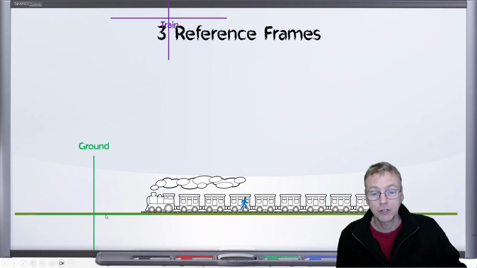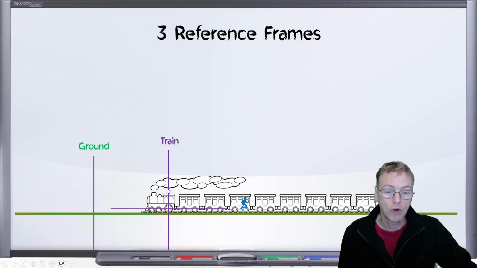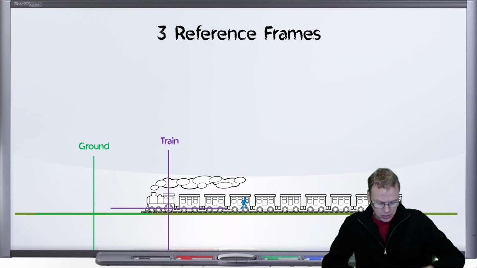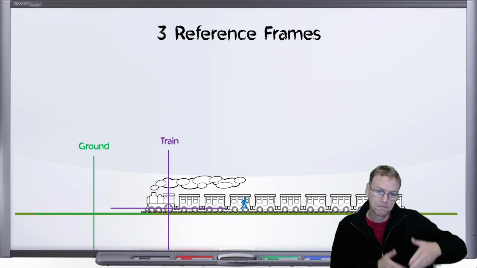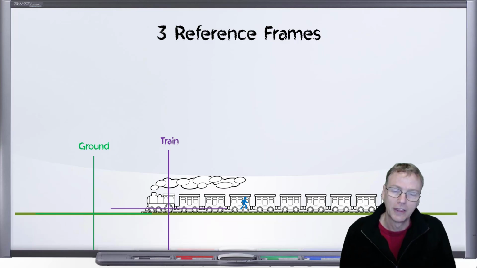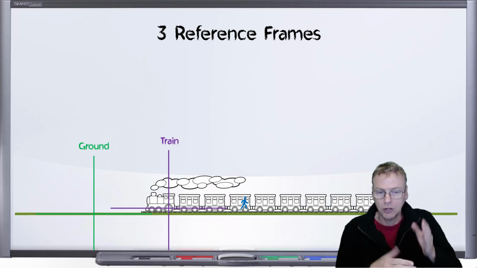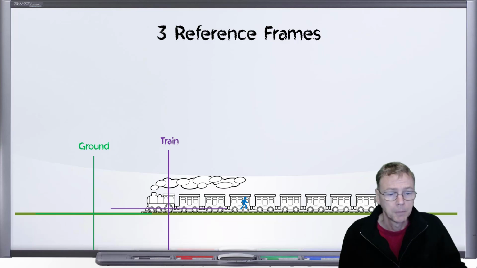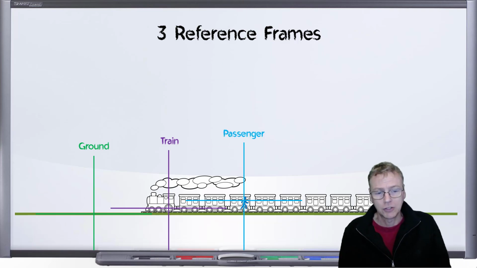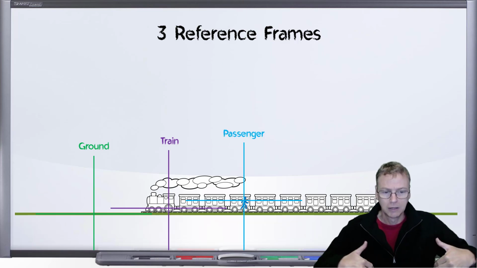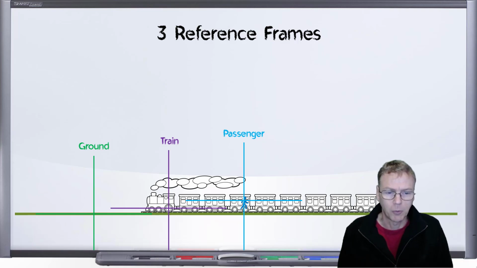And then we'll have one for the train, let's say right at this wheel of the train, or maybe that's where the engineer sits, the bottom of the engineer's chair. We'll lock that, that's going to be our coordinate system for the train. And how about we got a passenger, so we'll just pin it to somewhere on the passenger.